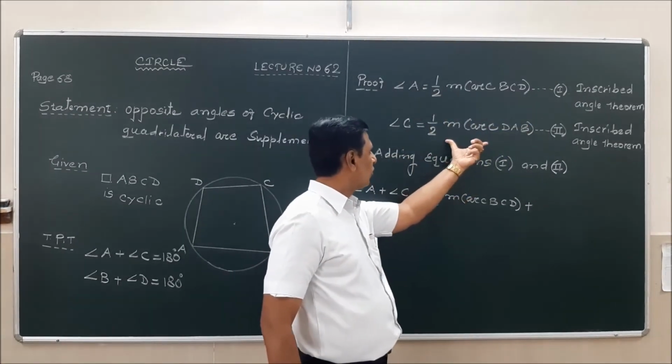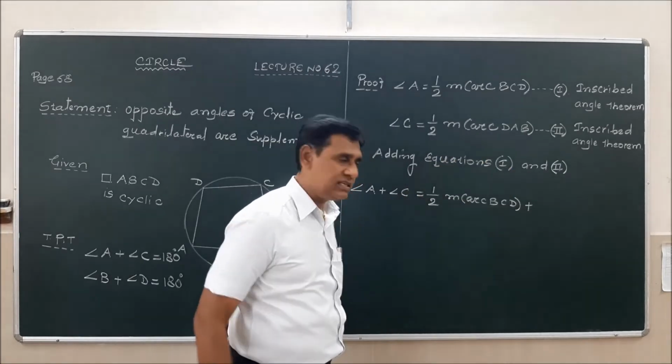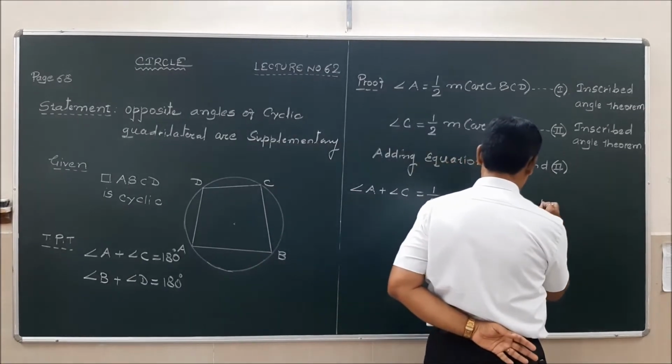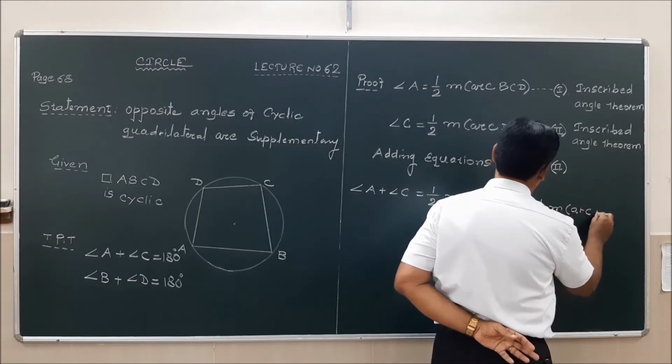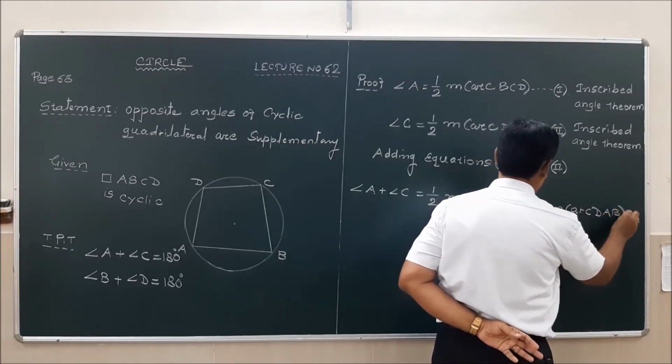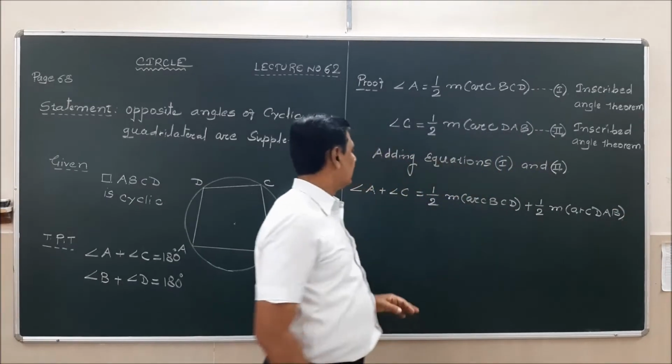Likewise, right hand side of 2 is half measure arc DA. So this is how you will find.